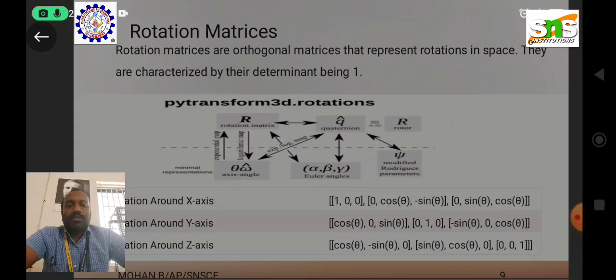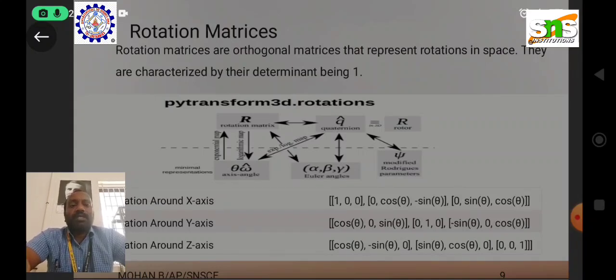So here in the matrices, around the x-axis the entry is 1 0 0, around the y-axis 0 1 0, and around the z-axis 0 0 1. And in this way the other values are cos theta, minus sin theta, cos theta, sin theta, minus sin theta, cos theta.